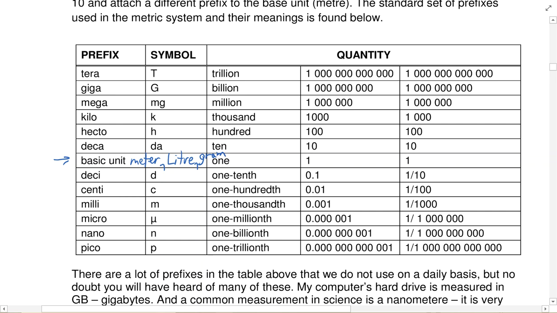And then we add our prefixes. For example, kilo, we use that one a lot. So it would be kilometer, kilogram, and kiloliter, which we don't use a lot, but it does exist. We also use hecto a little bit, especially during forest fire season.